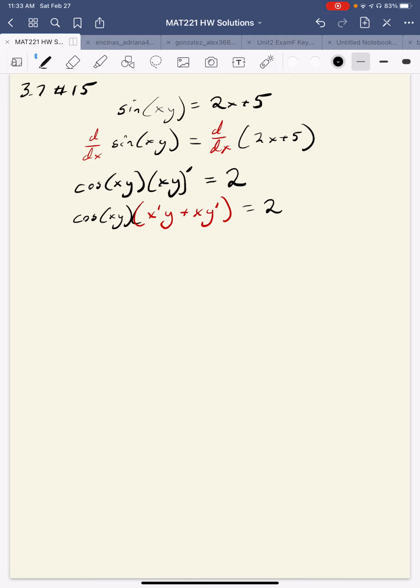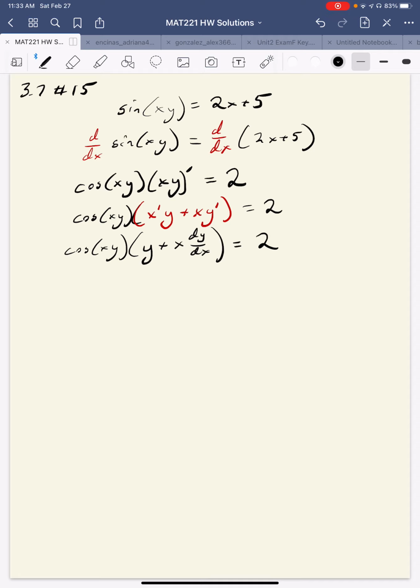So I'll go through again, clean it up a little bit more. So the cosine xy times x prime is just 1 times y plus x, and y prime we know is dy dx, equals 2. Now I need to do a little bit of, well, my goal is to get dy dx by itself.